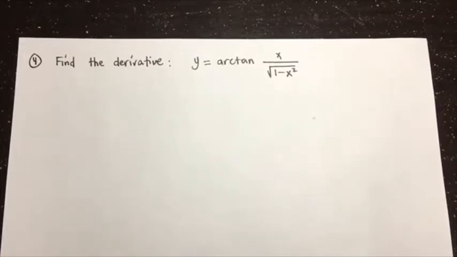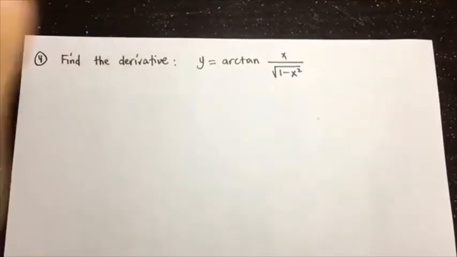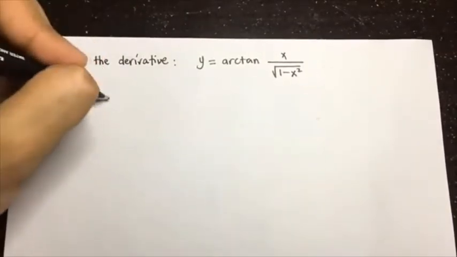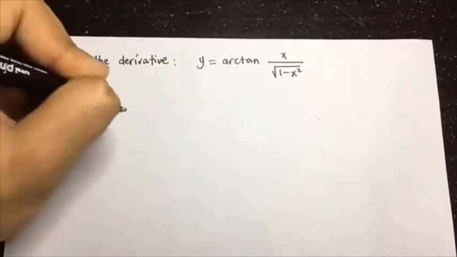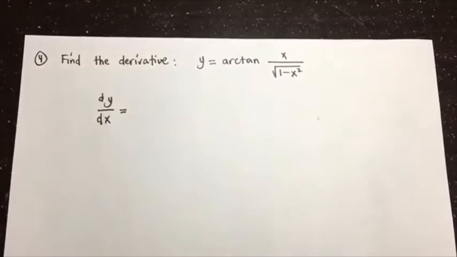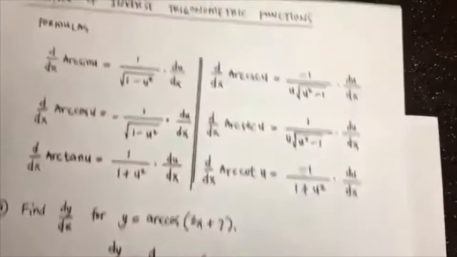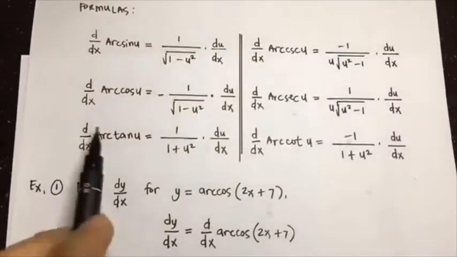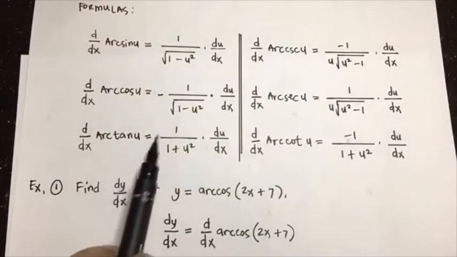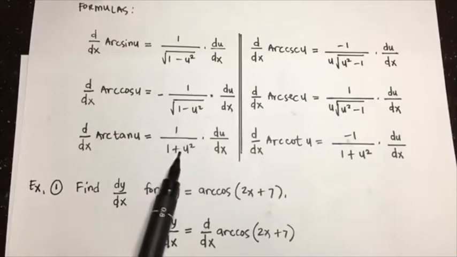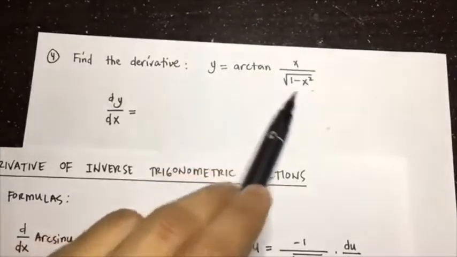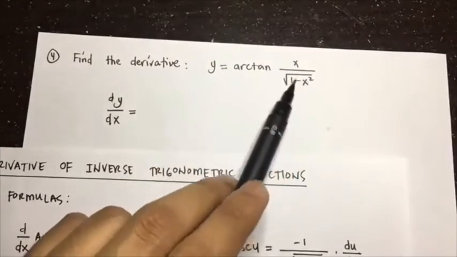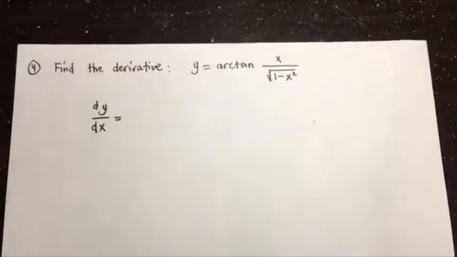Okay, so solution, so dy over dx therefore is equal to, so from the formula, the derivative of arctangent of u is equal to 1 over 1 plus u squared. So in this case, our u is x over square root of 1 minus x squared.